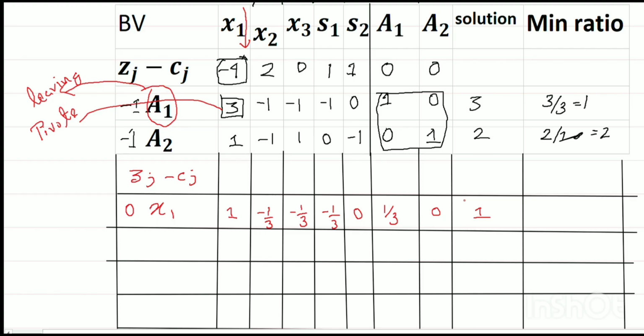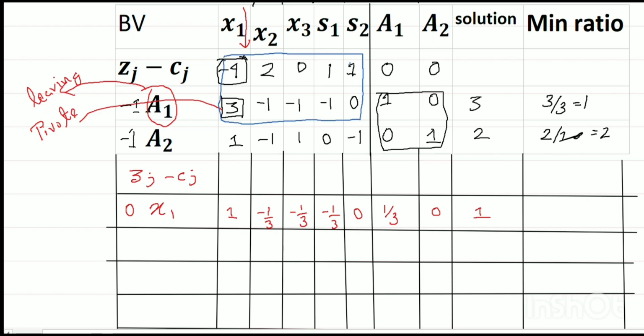Now I have to change this value. How to solve? The same way: the pivot element, this and this portion, and now let us draw a square. This is my square. I am just changing this point.